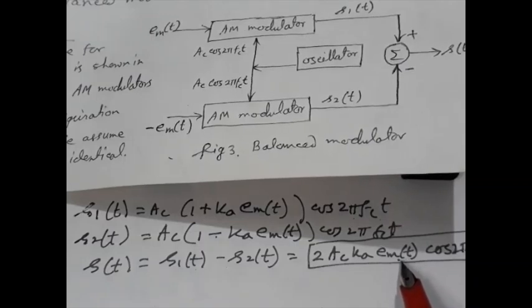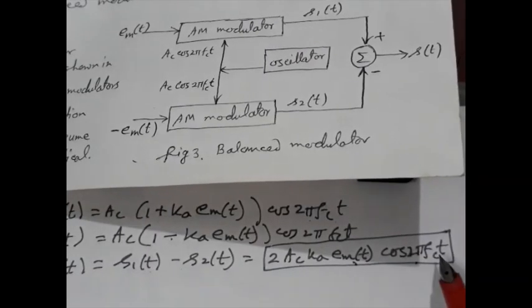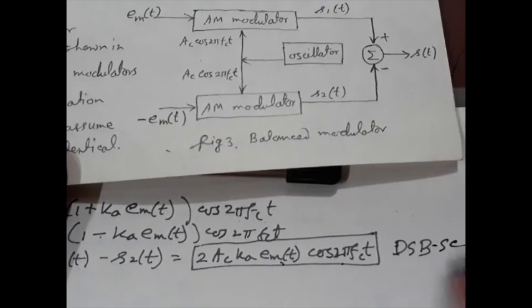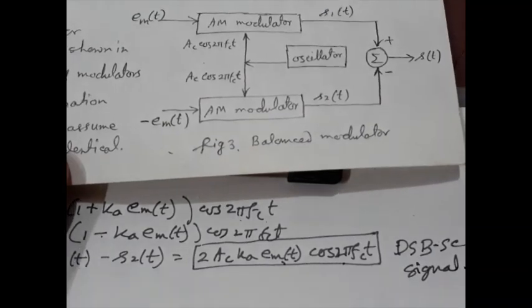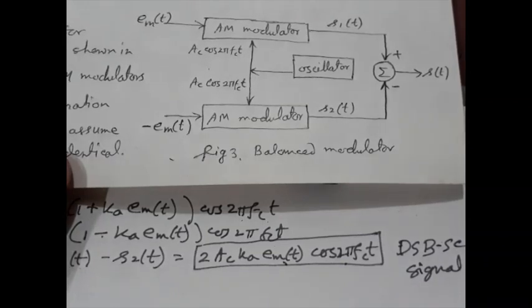But the thing is that the output voltage is the product of the baseband signal and the carrier signal. So this is a DSB-SC signal. And this is the operation of the balanced modulator.